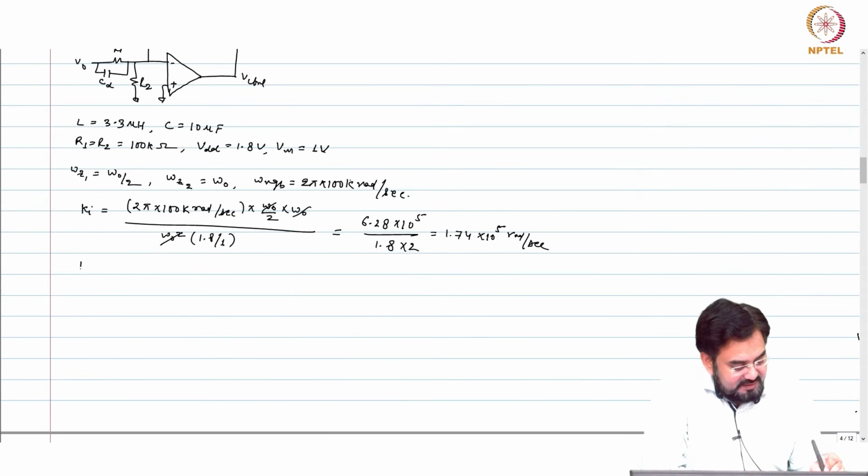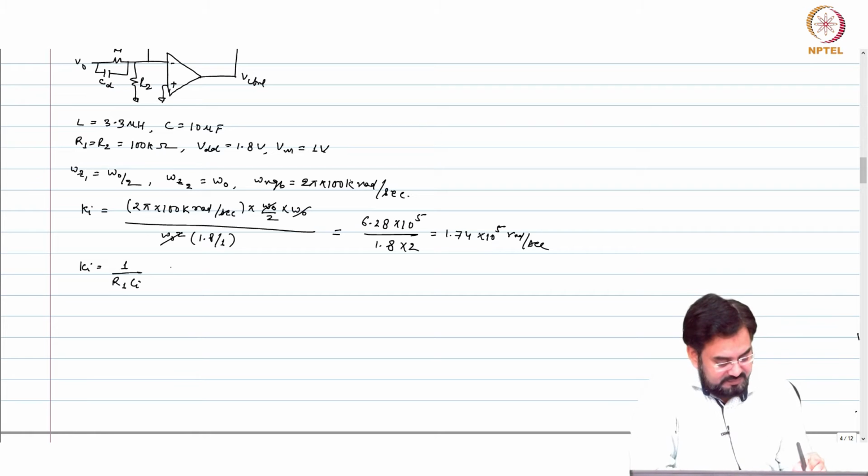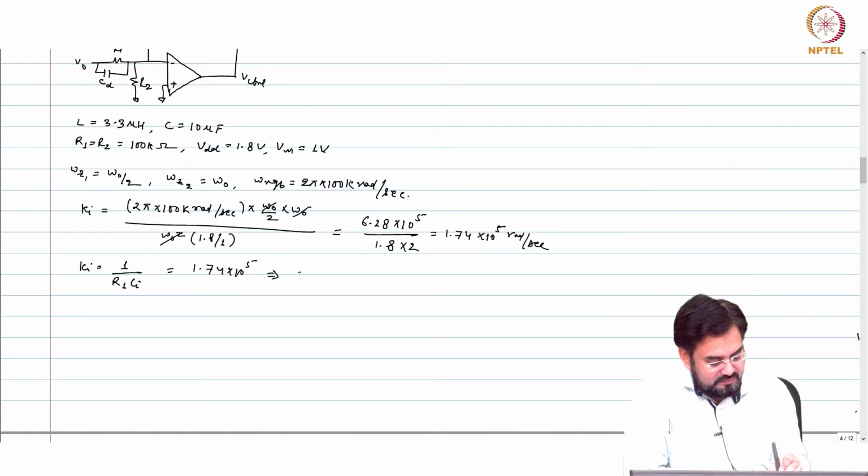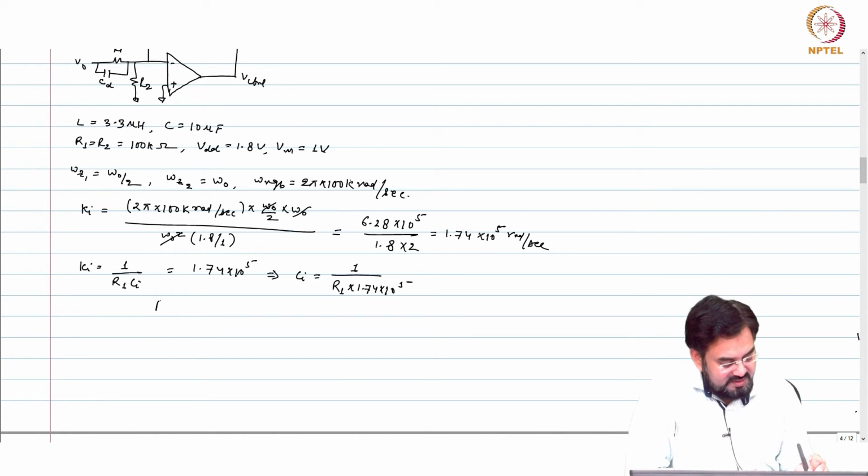And what is Ki? Not RP, it is 1 by R1 CI. And R1 is 10 power 5 ohm.